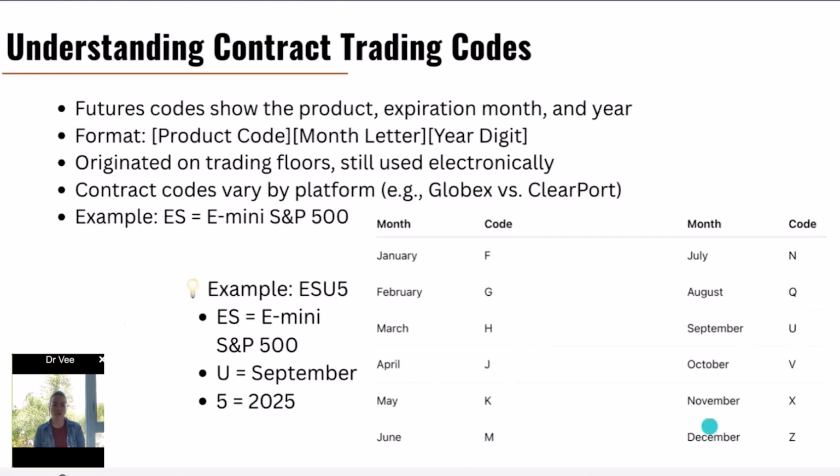So each code includes a product identifier like ES for E-mini S&P 500, followed by a letter for the expiration month and a number for the year. These codes originated on trading floors where speed and space mattered, and they've carried over into the electronic world we trade in today.